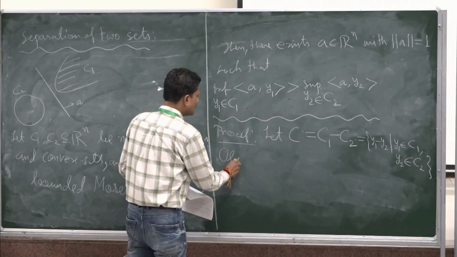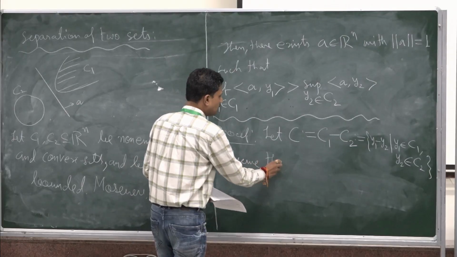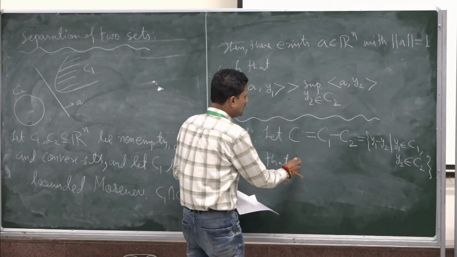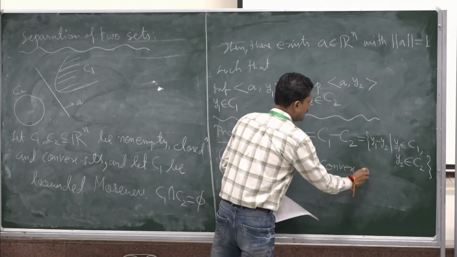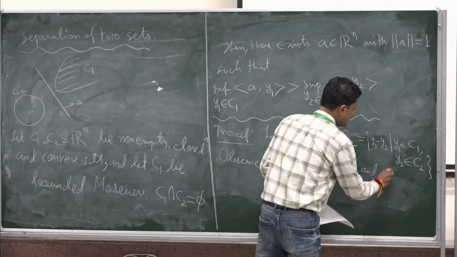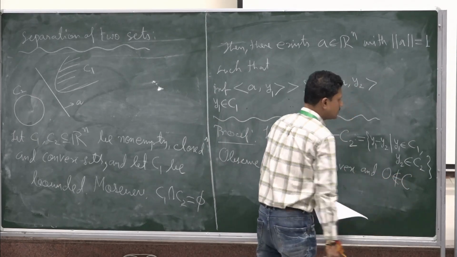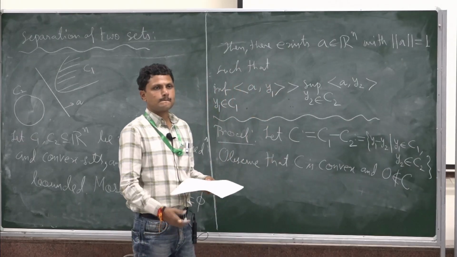So you observe that this C is convex and 0 does not belong to C. Okay?